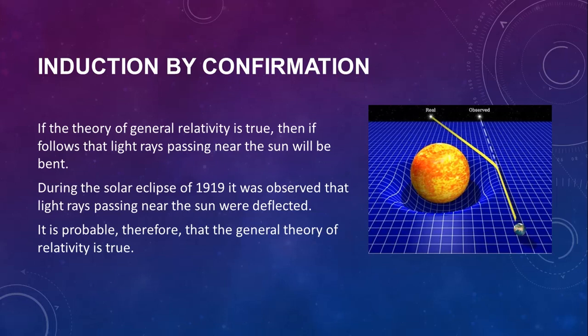They observed light rays bending in a gravitational field, and I want to emphasize that that makes it probable that Einstein's theory was right. So it's inference to the best explanation. We got this really weird thing: light seems to be bending. I've got a theory that would predict light would bend. That makes the theory more probable. It's the best explanation available, and therefore you should raise your confidence in it.